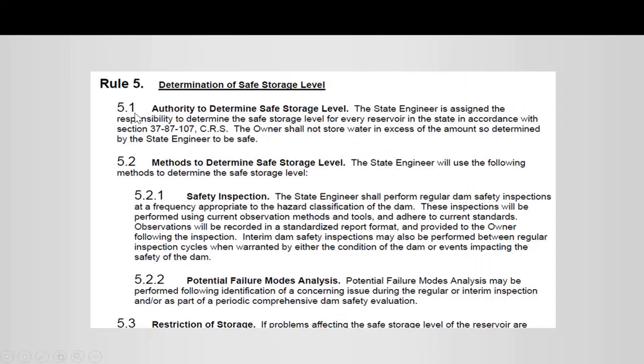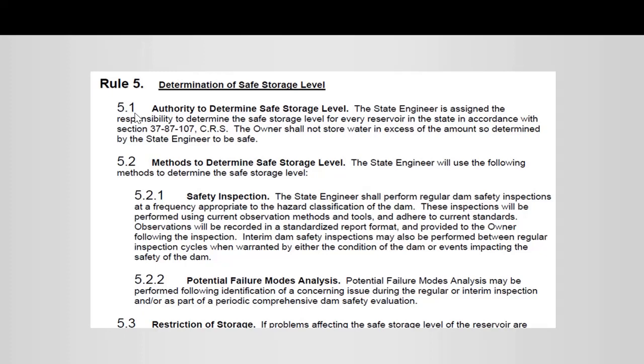Okay, so let's start with process 1, flowchart 1, the evaluation of hydrologic adequacy for existing dams. And as I said, that comes from Rule 5.